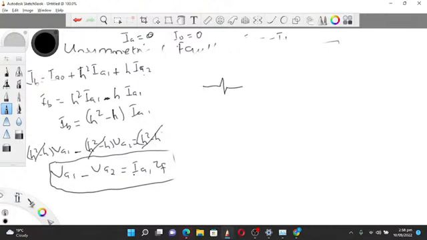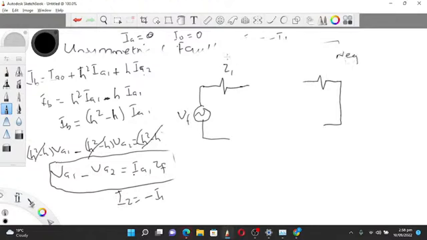So you have this positive sequence, which has a voltage, and they are coupled. But from the expression we had, we realized that I2 equals negative I1. So I'm going to connect the negative sequence and the positive sequence such that I2 equals negative I1.